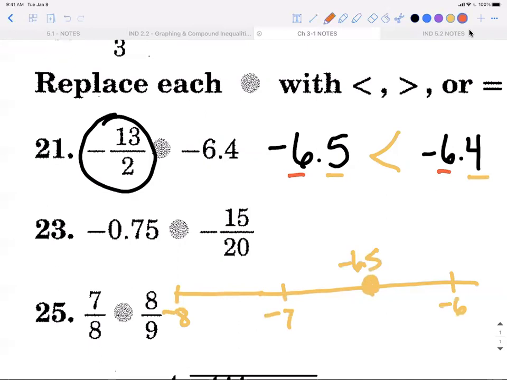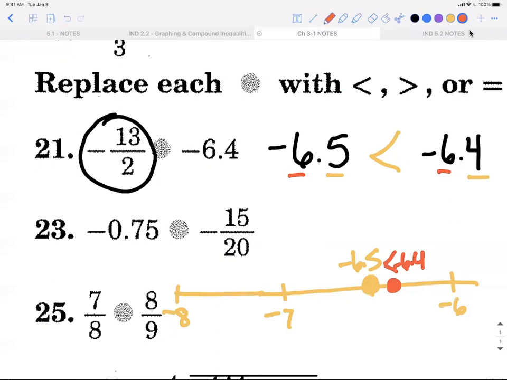Negative 6.4, however, would be right here, just a little bit closer to 6. So it's actually further right on the number line, which means it is the greater of the two numbers. Okay, makes sense there?